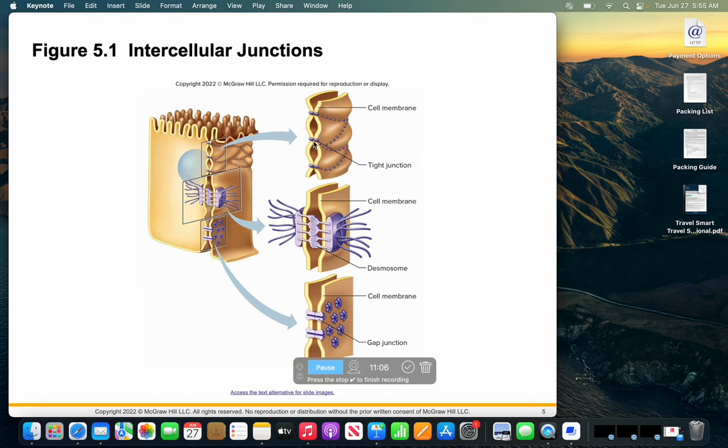You can see it's sealed here, but if liquid was in here, it wouldn't get through because here's the seal also. However, this is not sealed, so fluid could easily pass through this membrane because it's just being held together with a desmosome. And then channels allow material from one cell to move, say, hormones quickly to another cell.